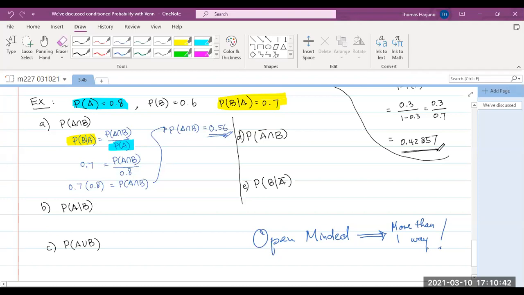So it's contradictory to say, Thomas, I'm an open-minded person, yet I only learn one method. When you say you are open-minded, you are willing to learn in any method, and you want to see other people's point of view.